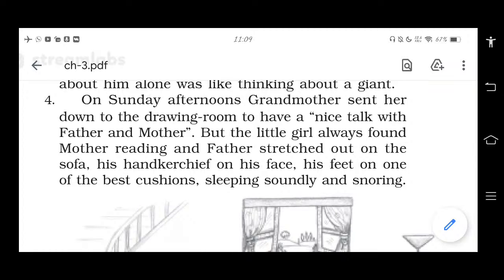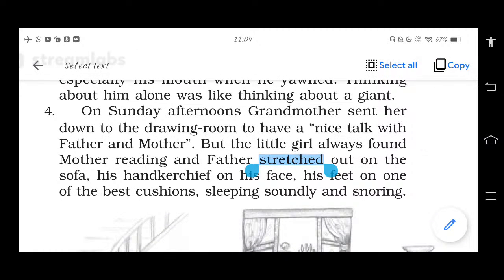What is the meaning of stretch? Stretched is also a verb. There we came across two terms which are homophones, wretched and stretched. Wretched means unhappy, stretched means extended.